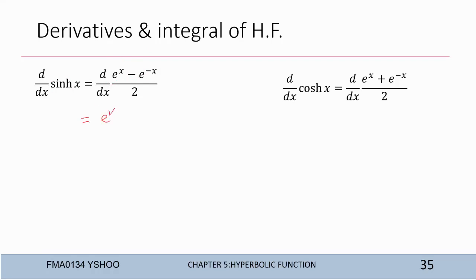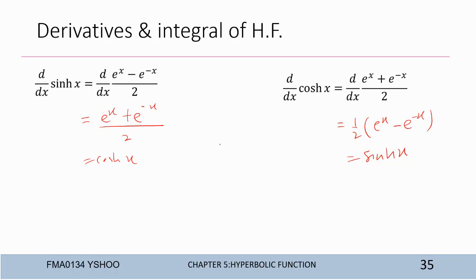Differentiating e^x is still e^x, and differentiating the minus e^(-x), we're going to have a plus e^(-x), and the 1/2 will never change because this is a coefficient. So actually this one is our cosh x. For cosh x, the same thing: differentiating 1/2 (e^x minus e^(-x)) actually gives sinh x.